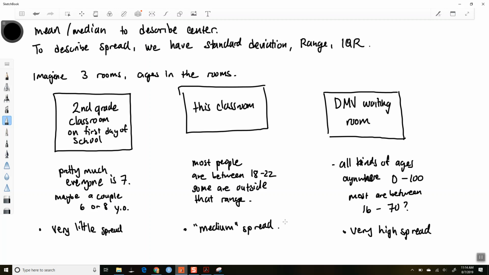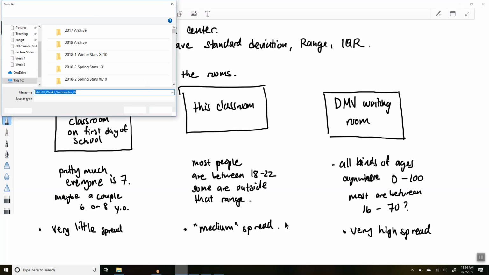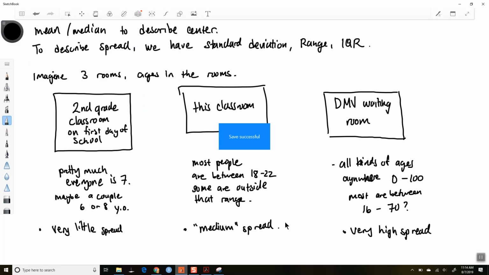And that's fine, but if we want to be more specific, rather than just using vague terms like a lot or a little, okay, what's a lot, what's a little, we can provide numbers, okay? We can say the standard deviation of the second grade classroom is 0.3 years of age, something like that, okay?